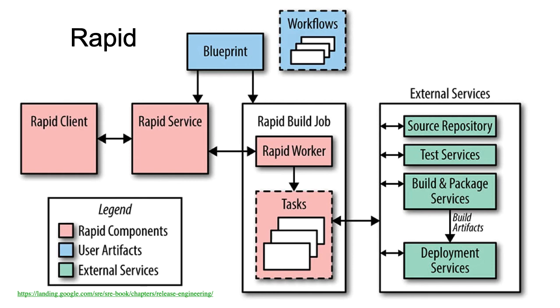Blueprints are written in an internal configuration language and are used to define build and test targets, rules for deployment and administrative information such as project owners. Role-based access control lists determine who can perform specific actions on a Rapid project. And then there are also external services such as the source repository, the test cases, the build and package services, deployment services, etc.